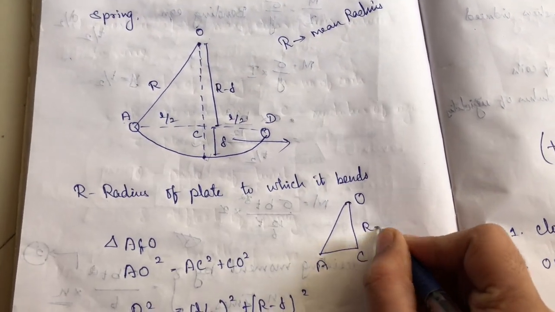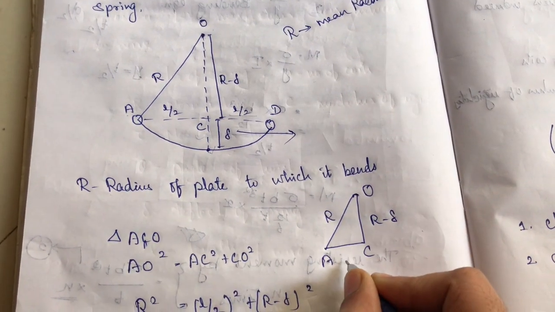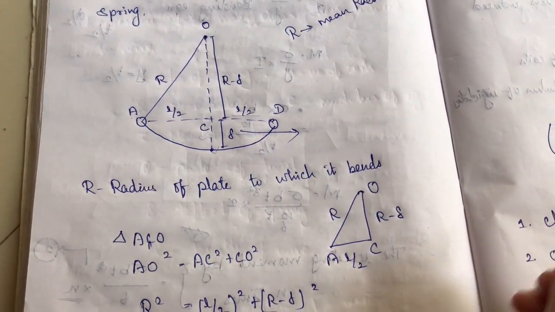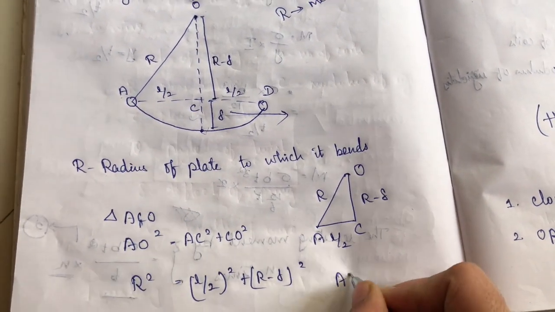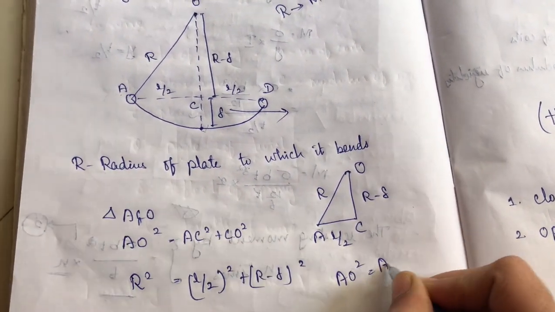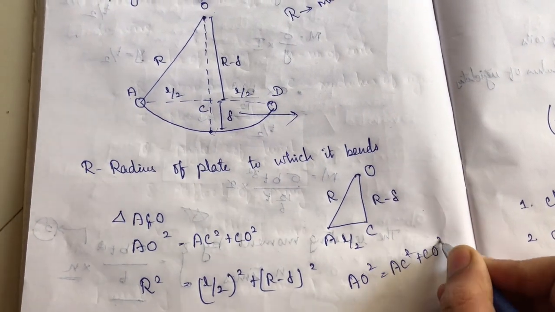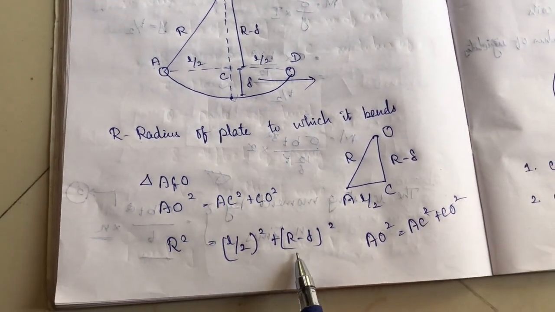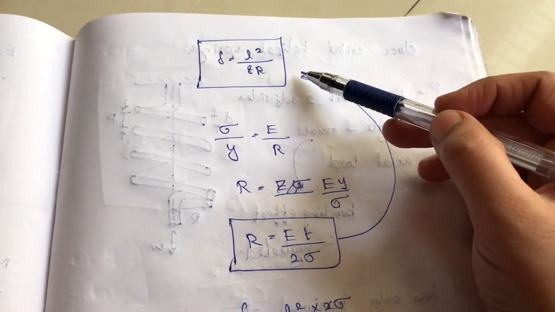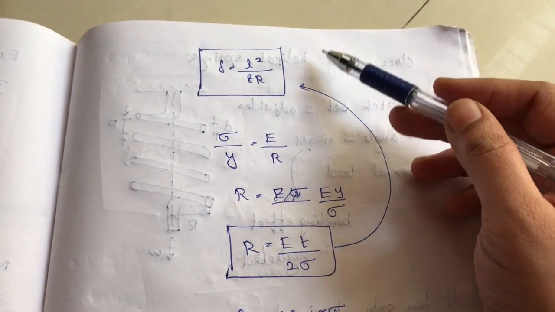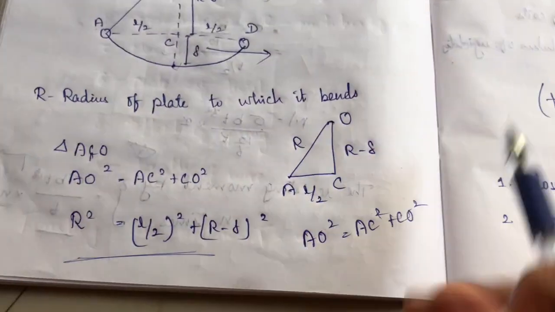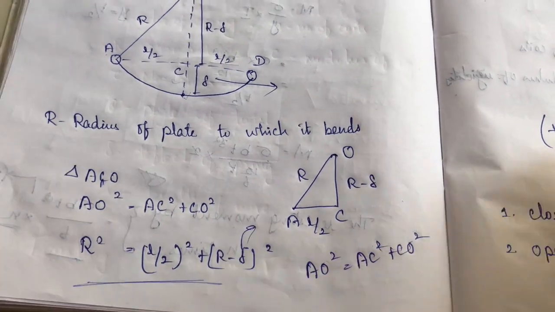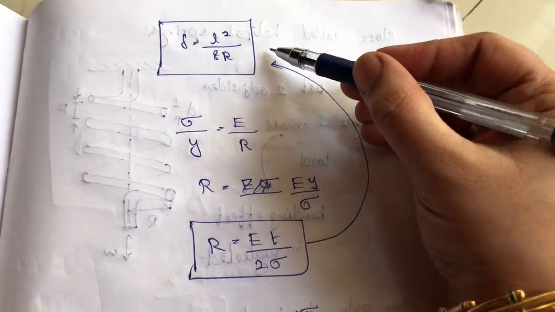So what is this? R minus del, this is R and this one is L by 2. So as you can see, by the hypotenuse theorem, AO square will be equal to AC square plus CO square, right? So just substitute all the values here and you will get the value of del as L square by 8R. Okay, from this you will get the del value as L square by 8R.